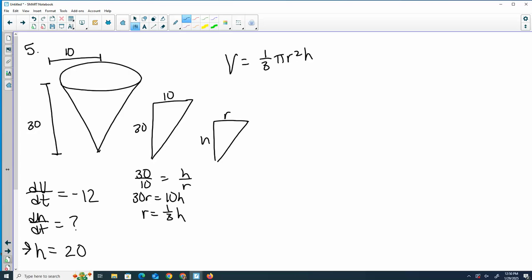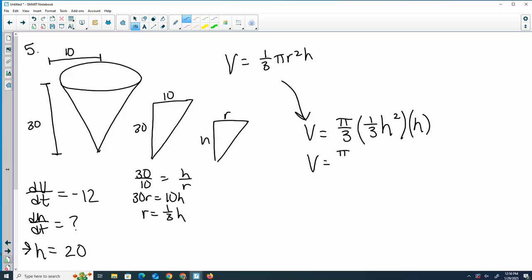So if I use this, that means my volume, 1/3 pi, I'm going to write that as pi over 3. My radius, 1/3 h, squared times height. 1/3 squared is 1/9 h squared.